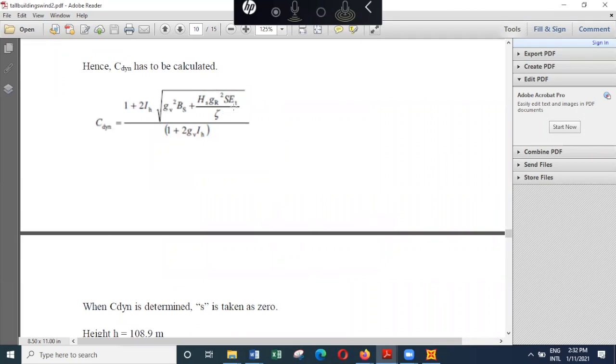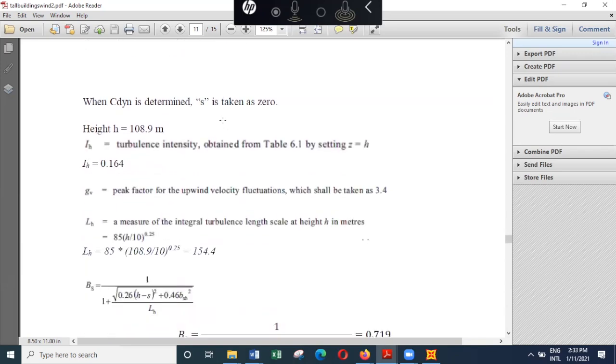Some of these parameters depend on the natural frequency of the building. So you can see C dynamic depends on the static and dynamic response. This is the dynamic response of the building.